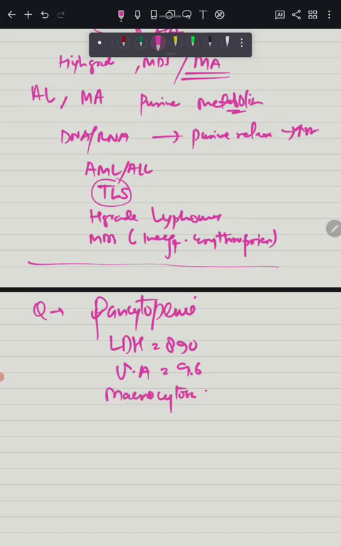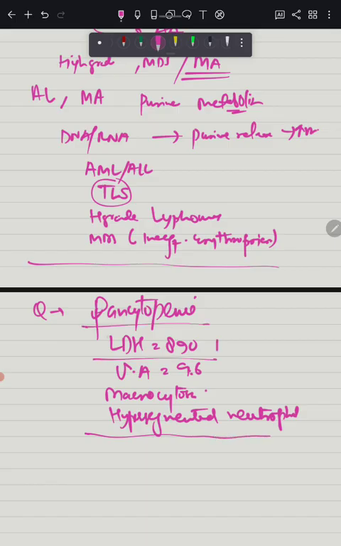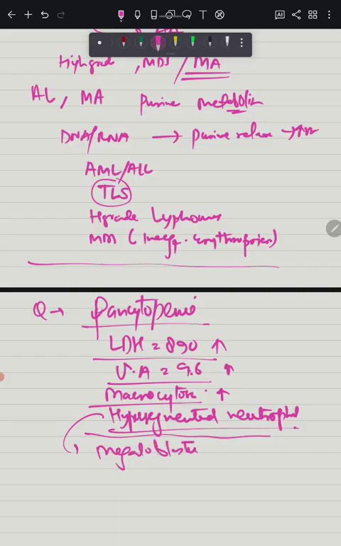Peripheral smear reveals hypersegmented neutrophils. What is the most likely diagnosis? Pancytopenia, LDH is increased, uric acid is increased, there is macrocytosis, there are hypersegmented neutrophils. We know that this clinches the diagnosis of megaloblastic anemia.